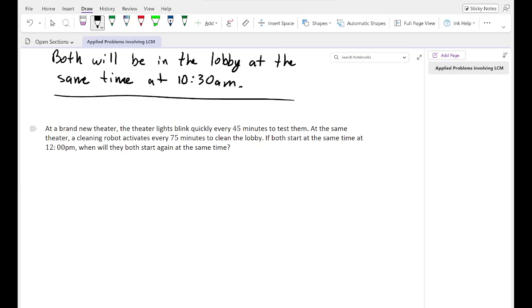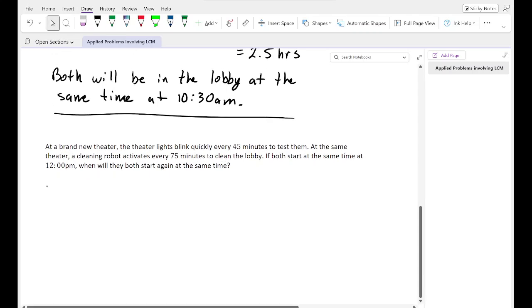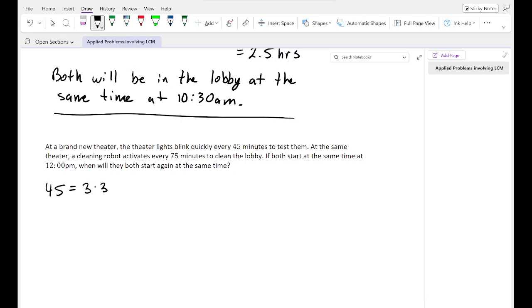So we're going to jump in there and we're going to do 45 minutes, find its prime factors, which is going to be 3 times 3 times 5, which is just 3 squared times 5. Then we're going to do 75, and that's again 5 times 5 times 3, which is just 3 times 5 squared. Find my LCM.